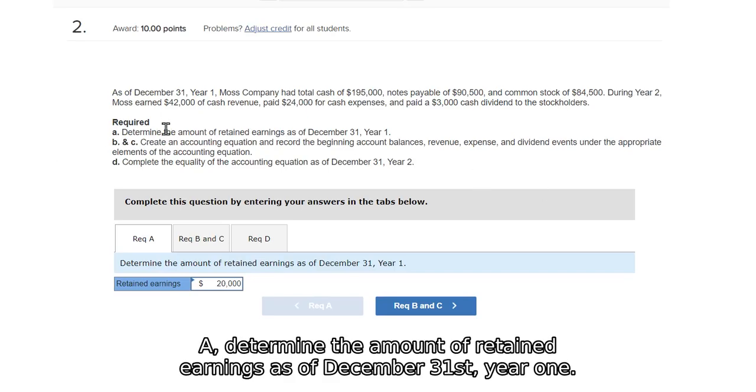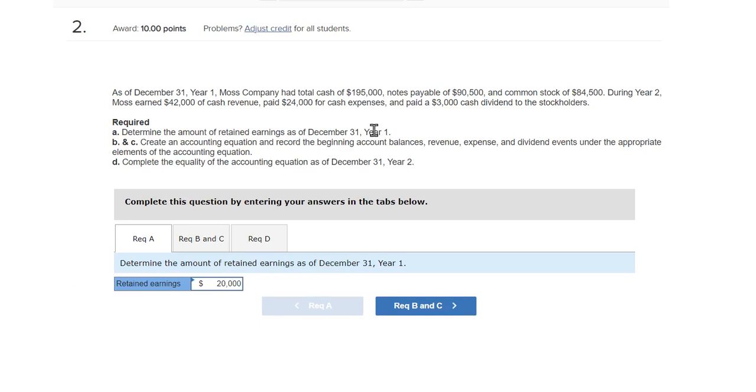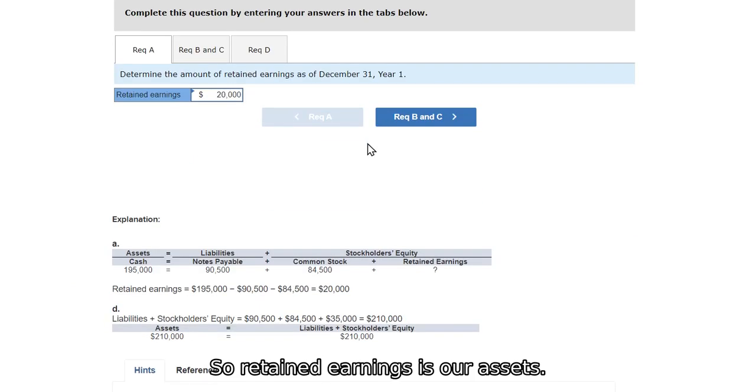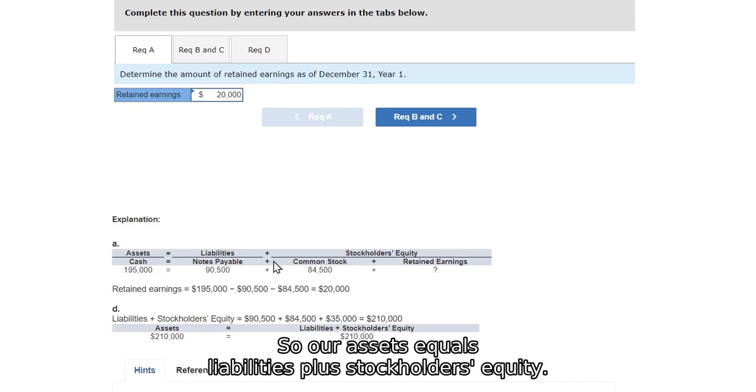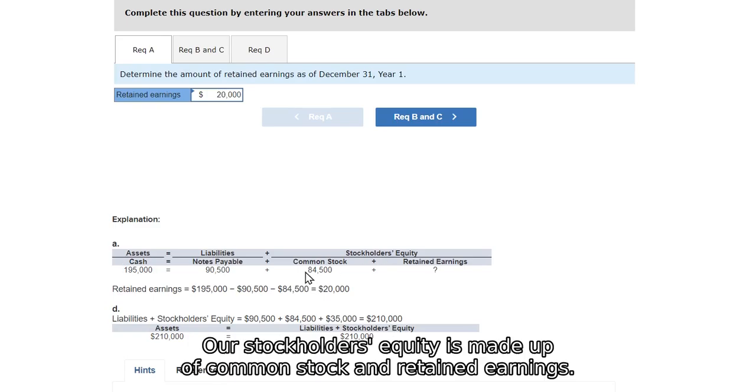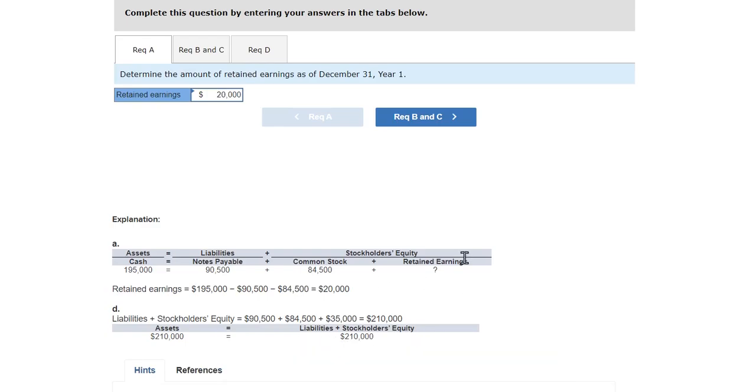A, determine the amount of retained earnings as of December 31st, year 1. Okay, so what's our equation, right? Our assets equals liabilities plus stockholders' equity. Our stockholders' equity is made up of common stock and retained earnings. That is the only one we're missing.